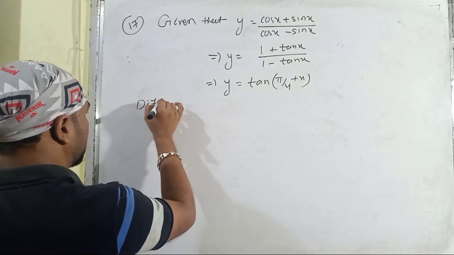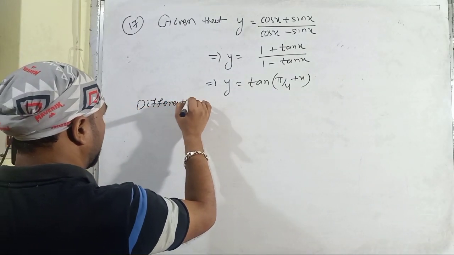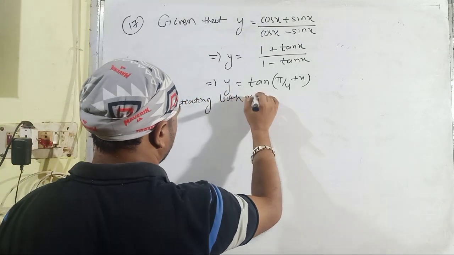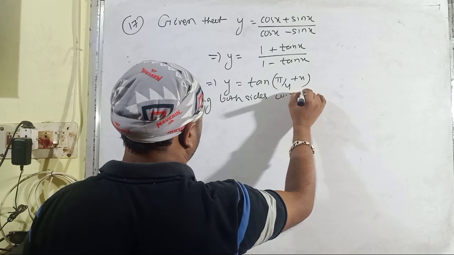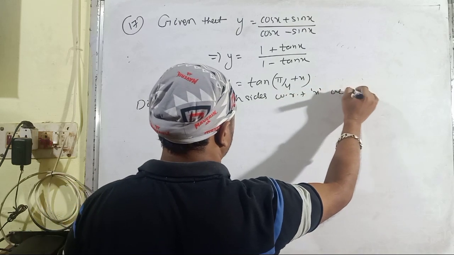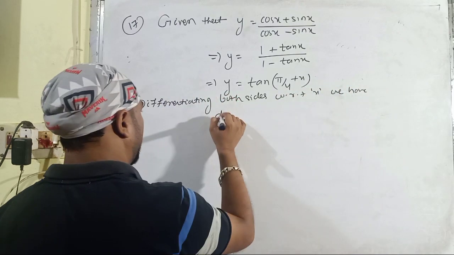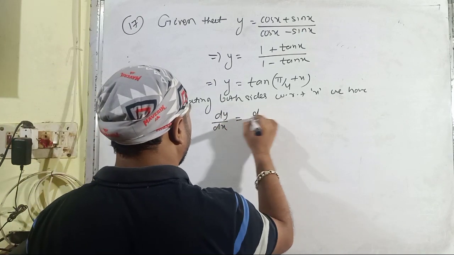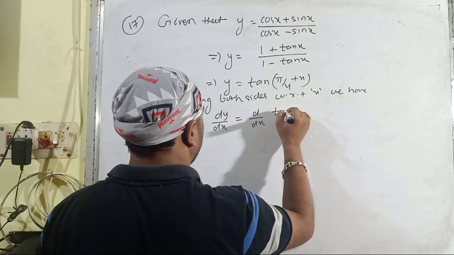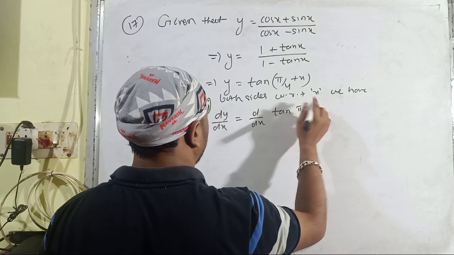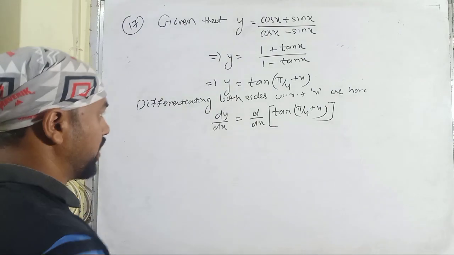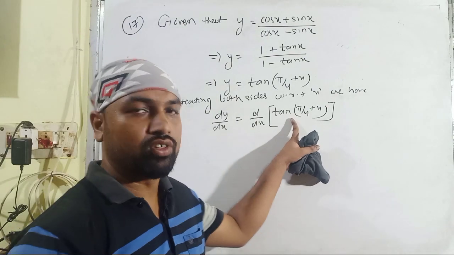Differentiating both sides with respect to x, we have differentiation of y with respect to x will be equal to differentiation of tan pi by 4 plus x, and here the chain rule will be applied because this is a composite function.